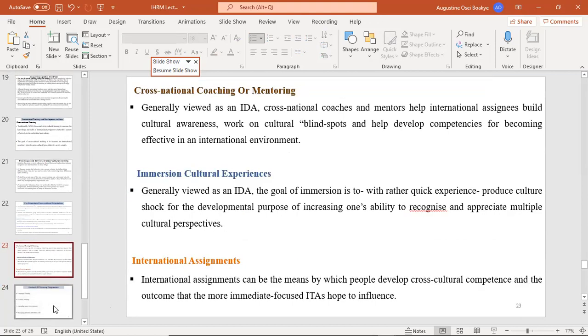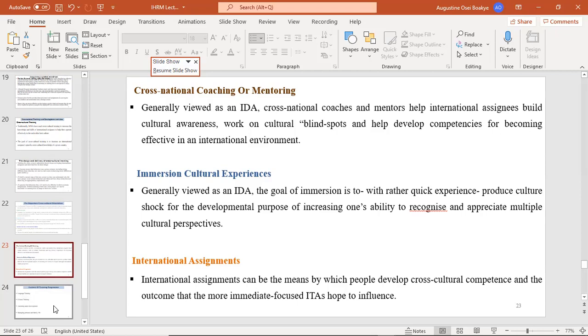Then there is also cross-cultural, cross-national coaching or mentoring as part of pre-departure orientation. Generally viewed as an IDA, cross-national coaches or mentors help international assignees build cultural awareness, work on cultural blind spots, and help develop competencies for becoming effective in an international environment.